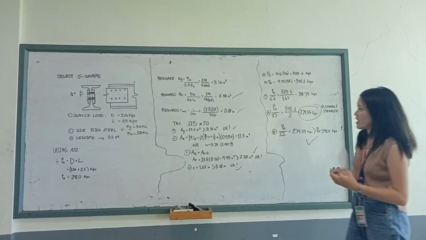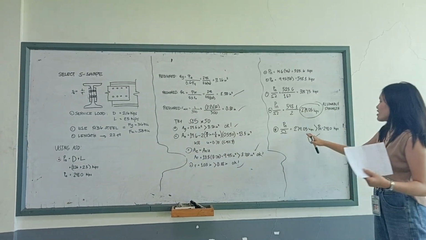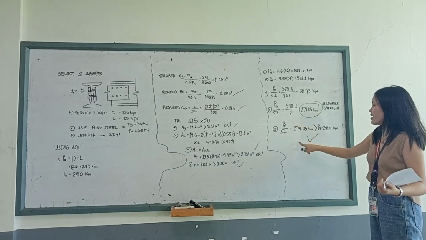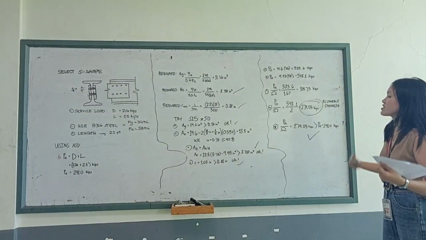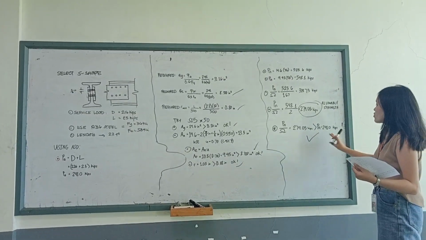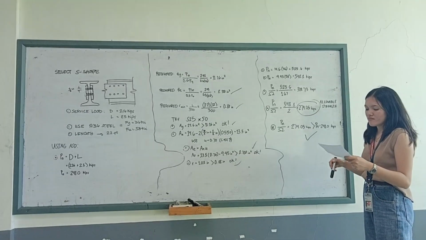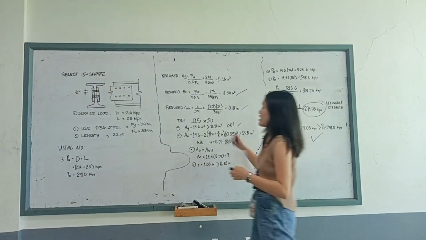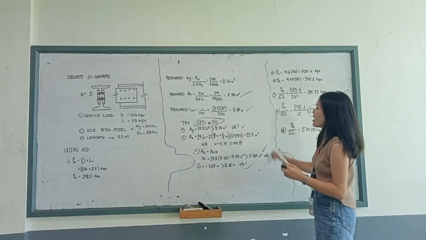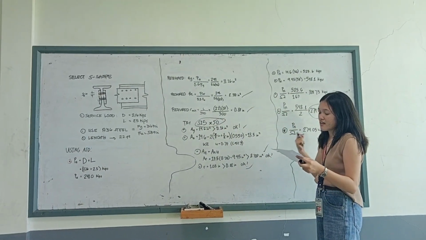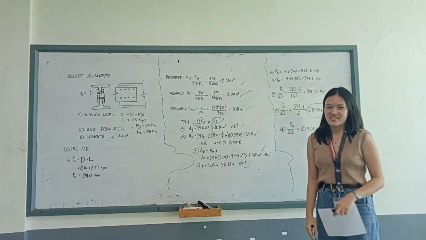Comparing to our service load, our allowable strength, which is 274.05 kips, is greater than the service load of 241 kips. So, in conclusion, we can use the S15 by 50 material since it passes the required minimum conditions.